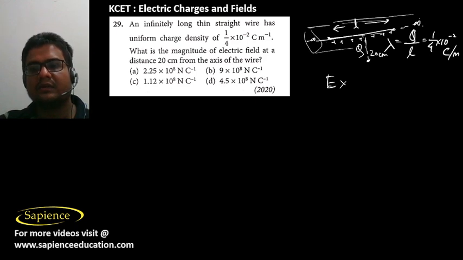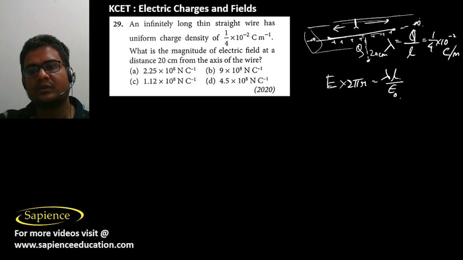The electric field times the curved surface area, 2 pi r L, equals the charge enclosed, lambda L, by epsilon naught.